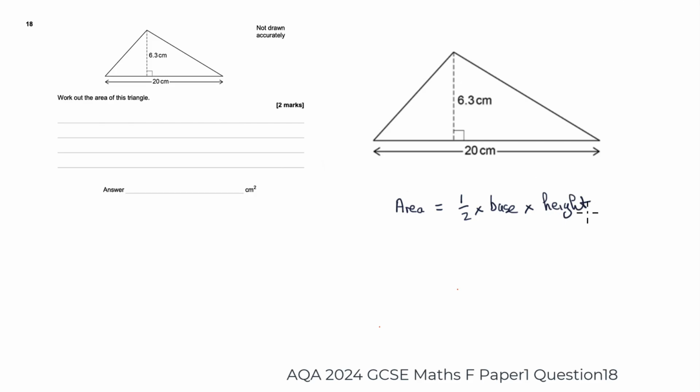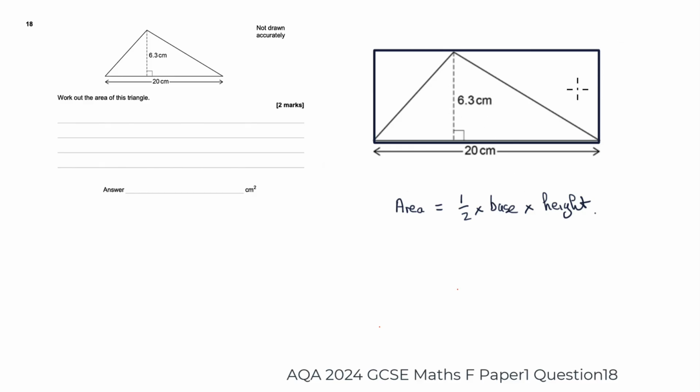And why that works, you can imagine a rectangle surrounding this triangle. You know the area of a rectangle is the length times the breadth. That breadth is the same as this height, 6.3. So to work out the area of the whole rectangle, you'd do 20 times 6.3.